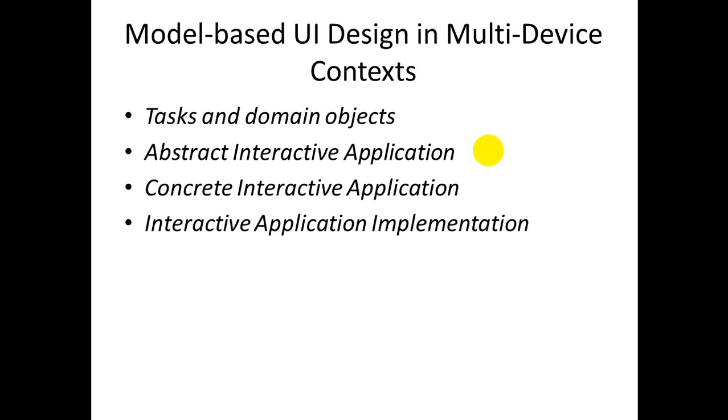At this level, the focus moves to the interactive part of an application and aims to provide its description in terms independent of the interaction modality used. Then the concrete interactive application: the description is modality dependent but independent of the implementation language. And the last one is the interactive application implementation. Here we have the actual implementation in some implementation language.